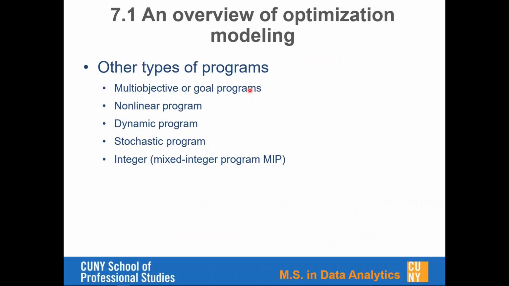There are all other types of optimization problems, including multi-objective or goal programs, nonlinear programs, dynamic programs, stochastic programs, and MIP, which I already mentioned. But in this course we only cover linear programs, a little bit on nonlinear programs, and also integer programs.